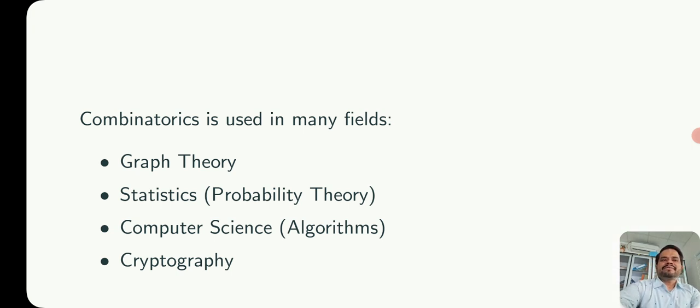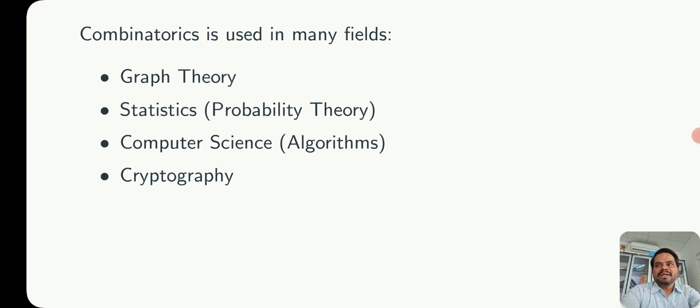In computer science, combinatorics is critical for designing algorithms and solving optimization problems. Cryptography, which is used to keep information secure, relies heavily on combinatorial methods. By understanding how to count efficiently, we can solve problems faster and more accurately.